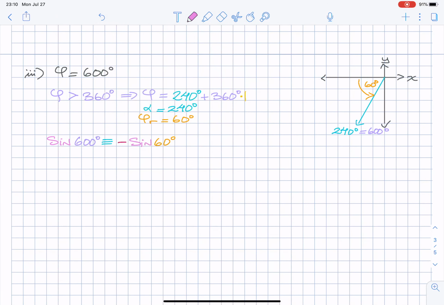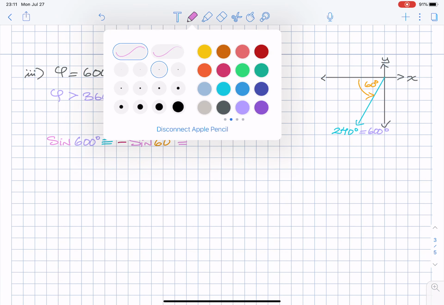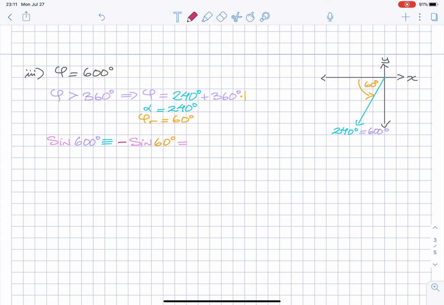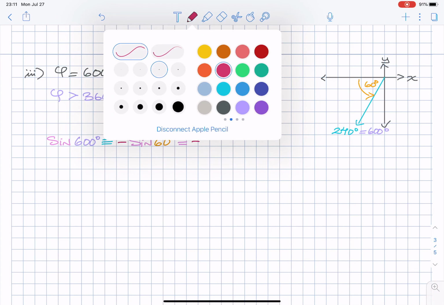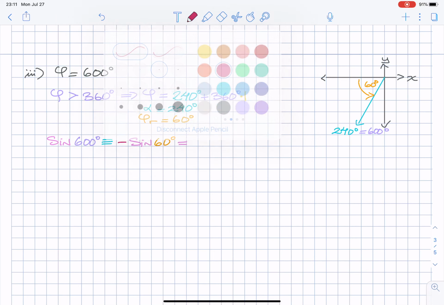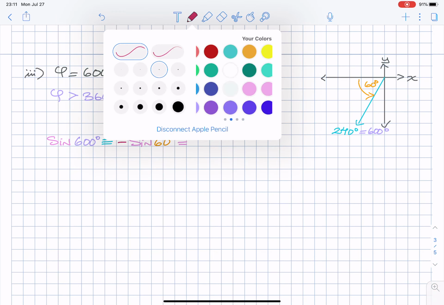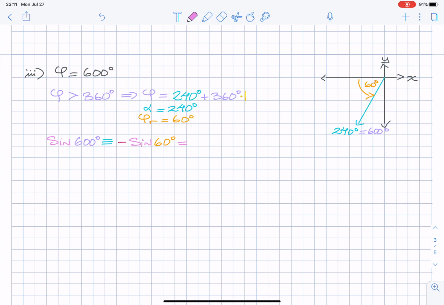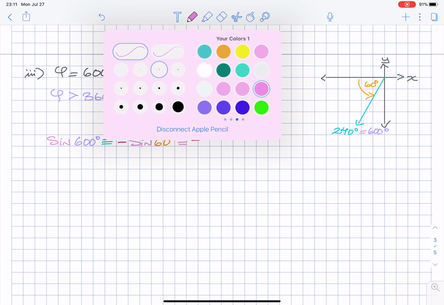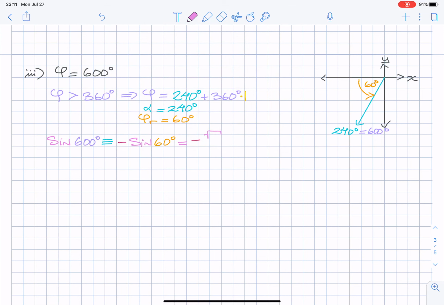Okay, so that's just going to be negative of, well, didn't I just do this? Wasn't sine of 60 degrees root 3 over 2? So I claim that this will be negative root 3 over 2. And once again, this negative is because we're in quadrant 3.